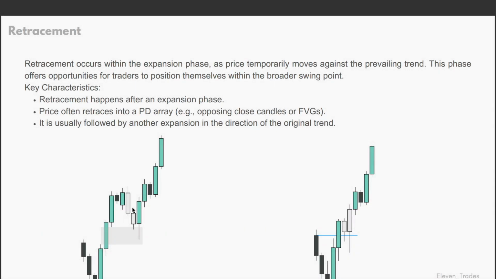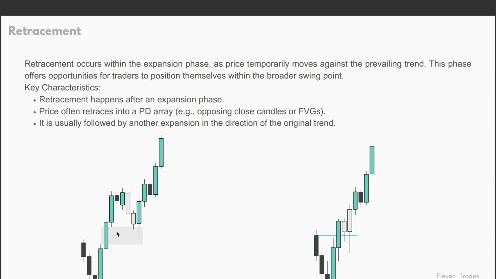Now the third phase of price delivery is retracement. A retracement phase actually occurs within the expansion phase when price temporarily moves against the prevailing trend. Like in this schematic, you can see we had a reversal followed by a 3 candles expansion, a consolidation, a retracement into this fair value gap, and that is the move opposite to the original trend, which was upwards.